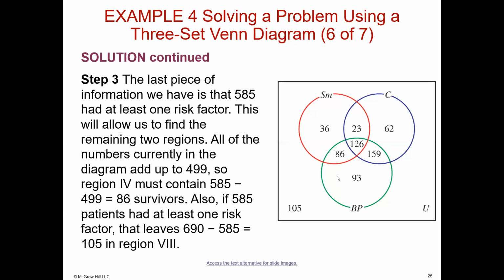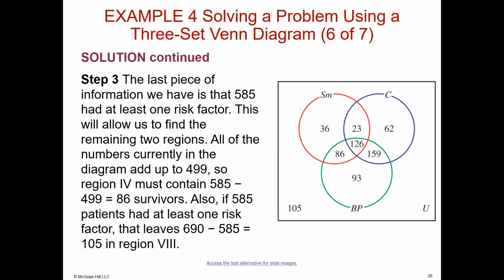So what is the sum of all these numbers here? I believe they all add up to 499. That's what I got. And therefore we'll subtract 499 who had at least one of these risk factors from 585 who had at least one of these risk factors. And we discovered therefore 86 of them must have had only what? Smoking and blood pressure. We got that now?